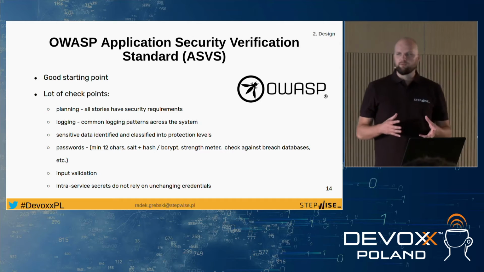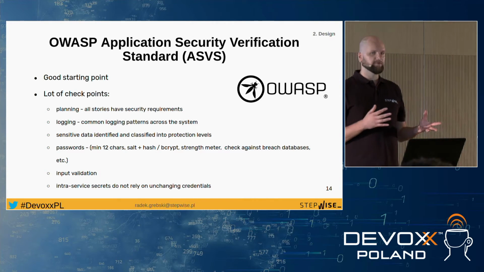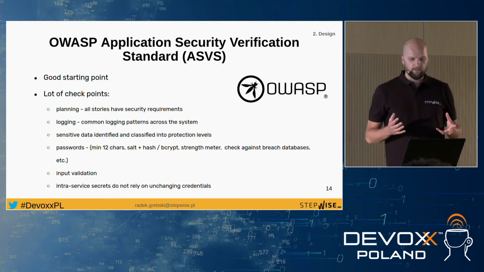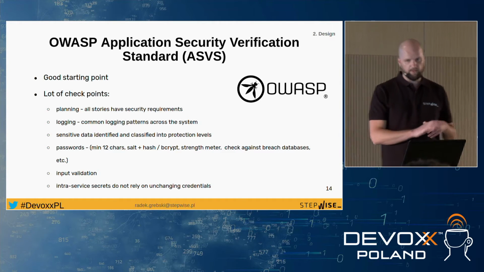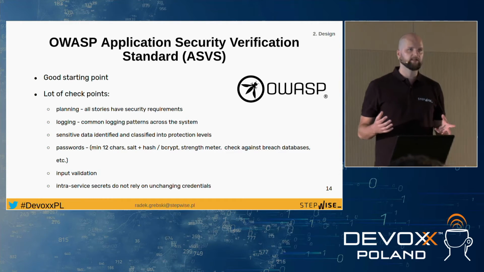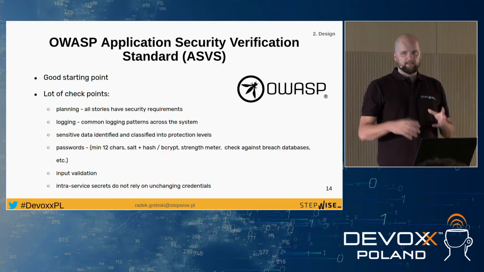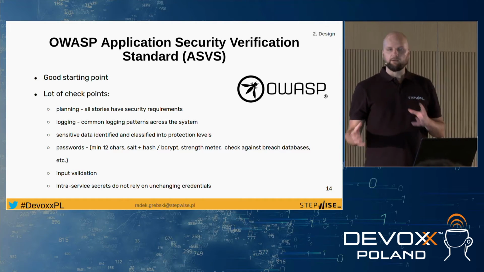Stuff like if you do planning, you create stories also for security aspects of that story. When you use logging, use common patterns, because monitoring and alerting at a later stage of the project is going to be easier. Stuff like categorization of sensitive data, how to manage passwords.